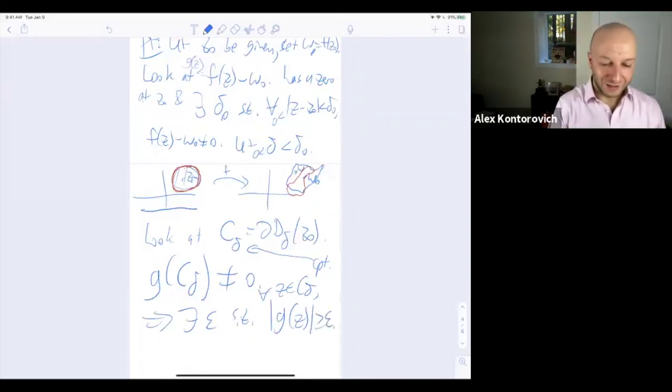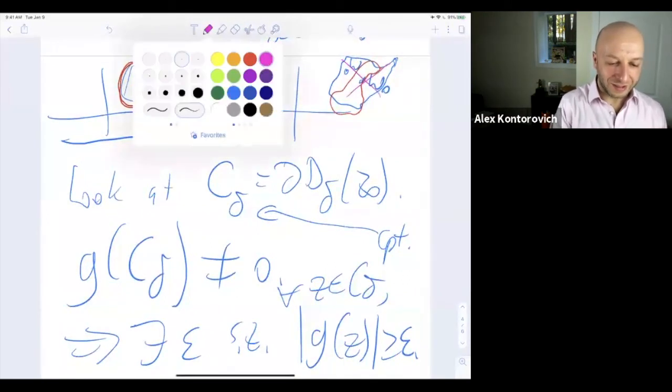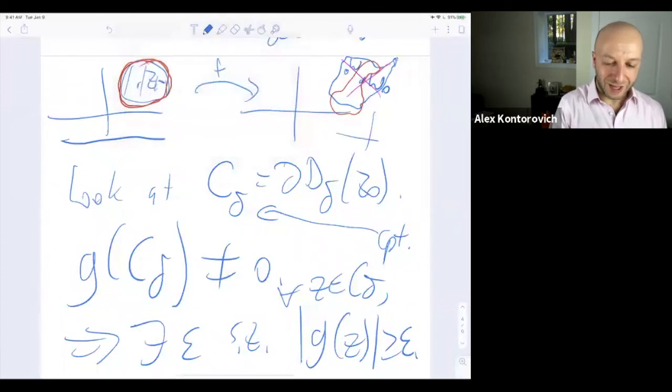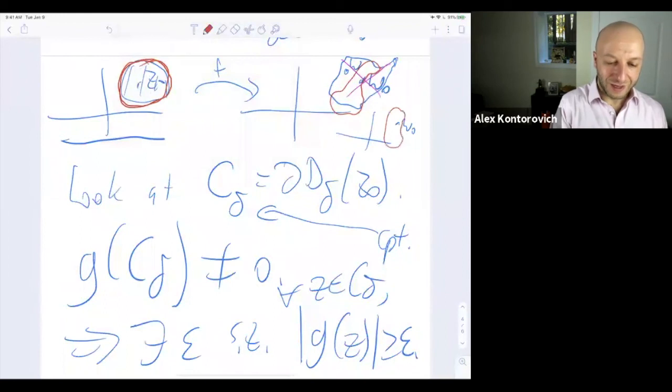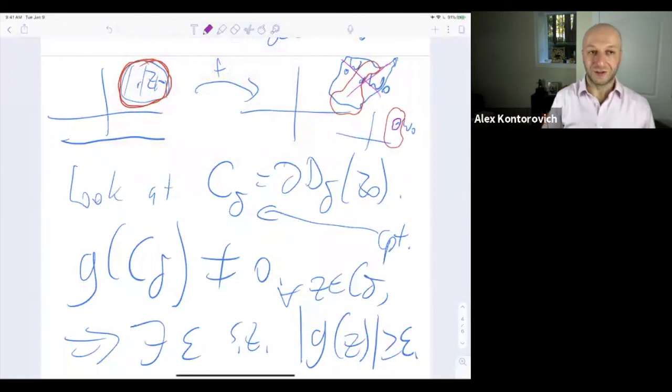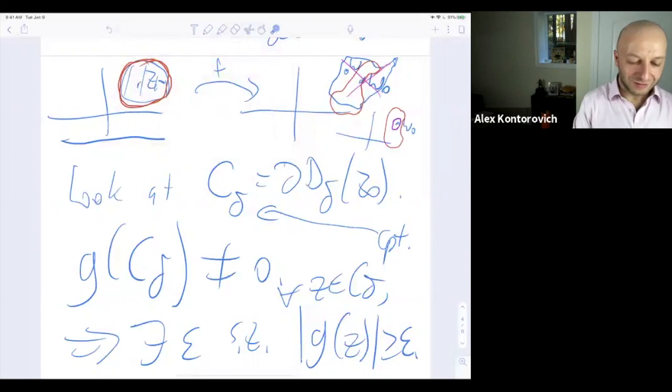In other words, this can't happen. What really has to happen is that here's W0. The image of the red curve is some other curve. And that other curve does not get within epsilon of W0. This is a function on a compact set. It doesn't vanish.